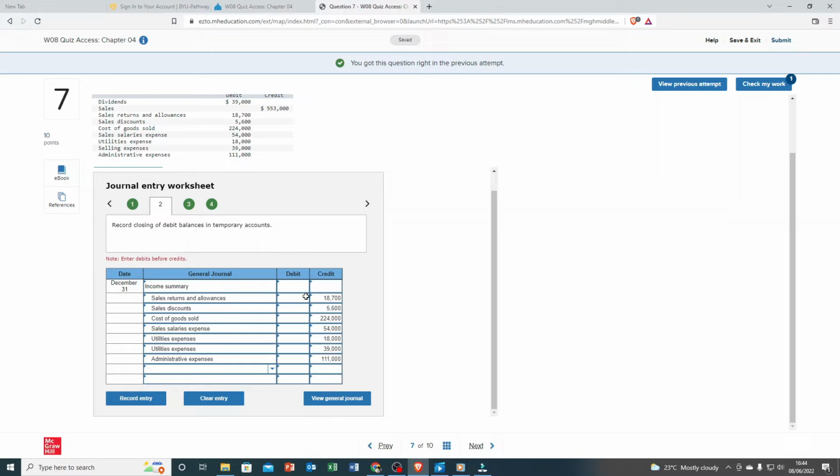As I said, in here we're going to sum all these figures together for the credit side. Then we come out with the income summary.